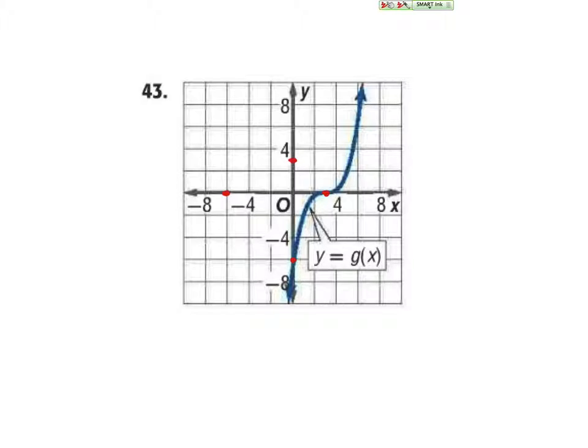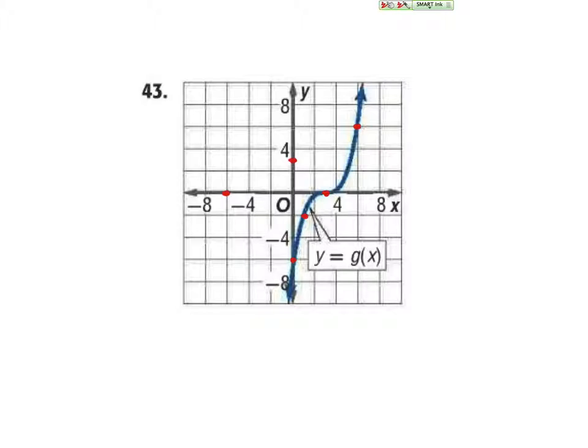What else? 6, 6. So the reverse of that is also 6, 6. All right, let's find a point on the left of 3 and a point on the right of 3. How about this point right here?